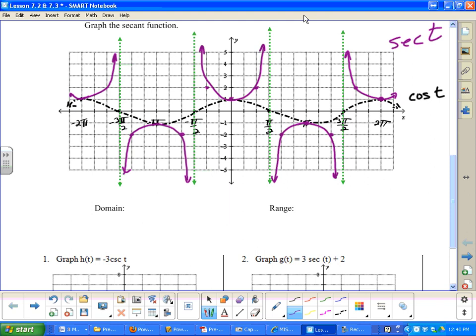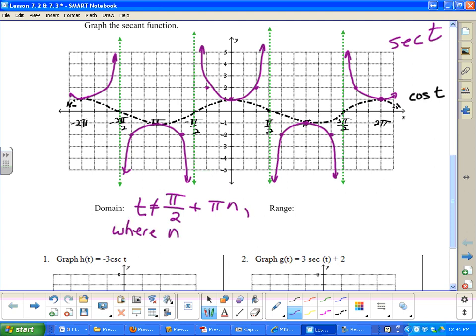So what is our domain then for secant? T cannot equal, according to Maria, pi over 2 plus pi n. What do you think? Is that right? Okay. All right. Good job, Maria.